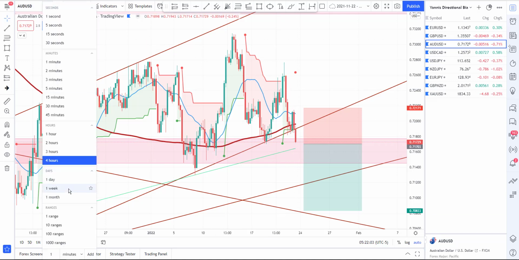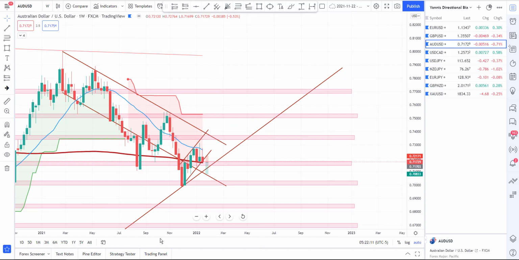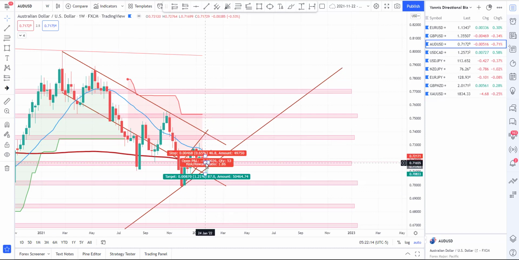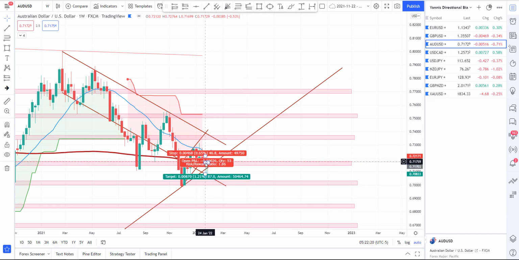So getting back to the weekly time frame, as you can see here, very important, and I need to make that bigger. Okay, price is still finding support on the 200 moving average. Okay, we don't have any kind of close. Allow me to delete that one. We don't have any close below the 200 moving average.